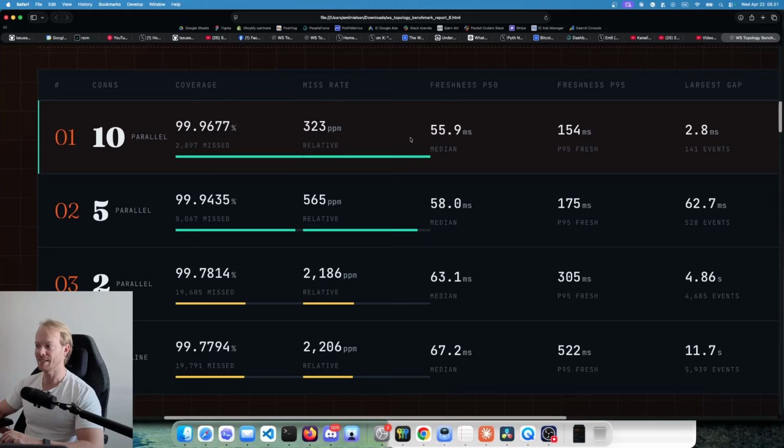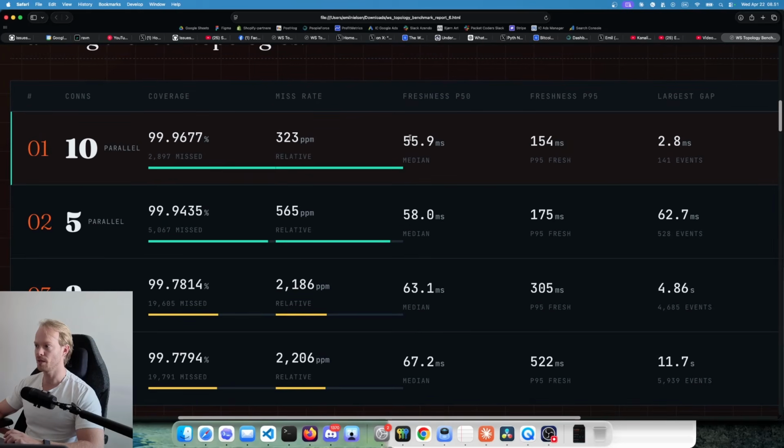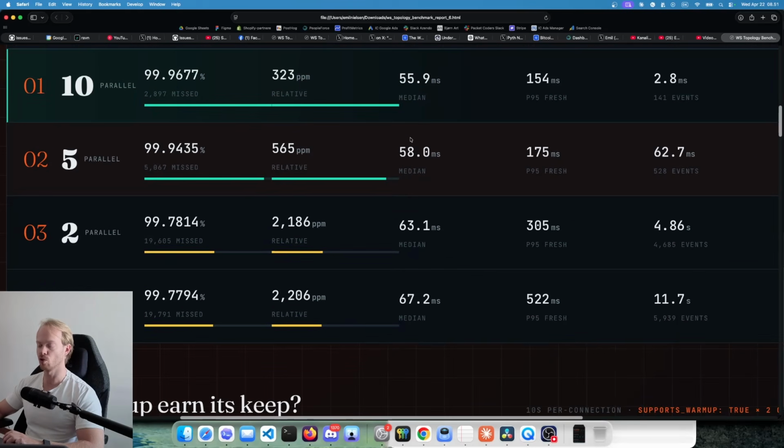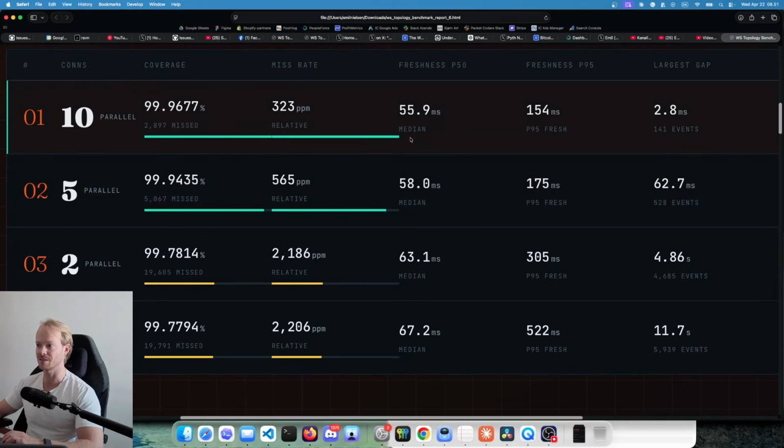We also have latency. This one measures the freshness. When Polymarket sends an event from the WebSocket, the event has a timestamp, and by comparing that timestamp locally, you can measure the freshness or the latency.